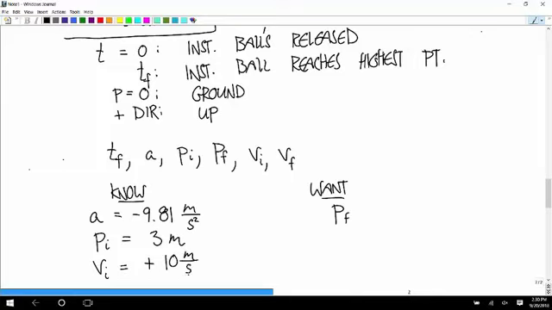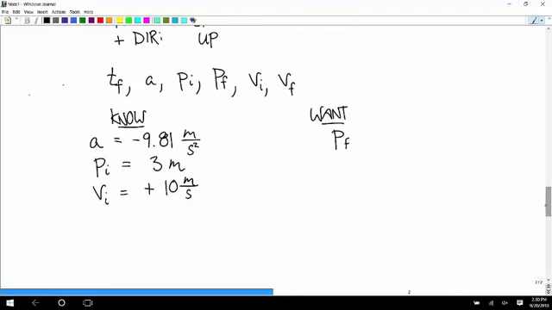And the last one, do we know the final velocity? Yes, this is the key thing for any problem that asks about the highest point. Final velocity is 0. At the highest point, it's slowed down all the way until it stopped, and it's just about to start moving in the other direction. So it's at that one instant where it's not moving.